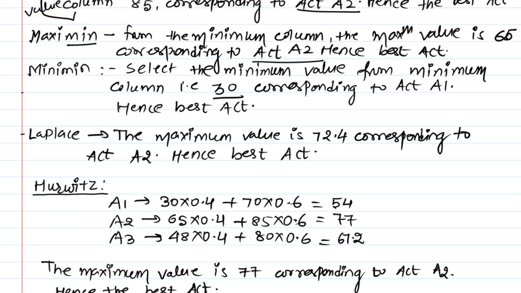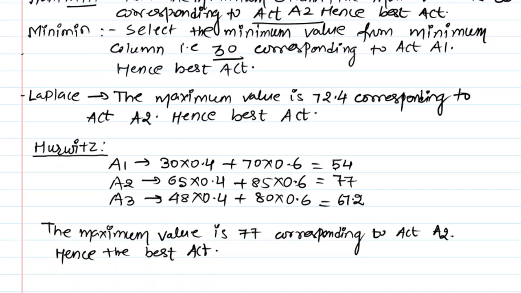And in Hurwitz, we have multiplied the value of 1 minus alpha with the minimum and alpha with the maximum, and we have taken the sum. So the values that we have for A1, A2, A3 are 54, 77 and 67.2. The maximum value is how much? It is 77, corresponding to which act? A2, hence the best act.